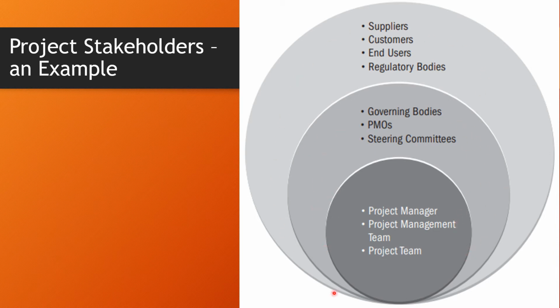The third circle, the outer circle, deals with your external stakeholders, like suppliers, customers, end users, and regulatory bodies. We need to differentiate between the customer and the end user. The customer is kind of the project sponsor, the person who takes decisions in terms of budgeting and resourcing.